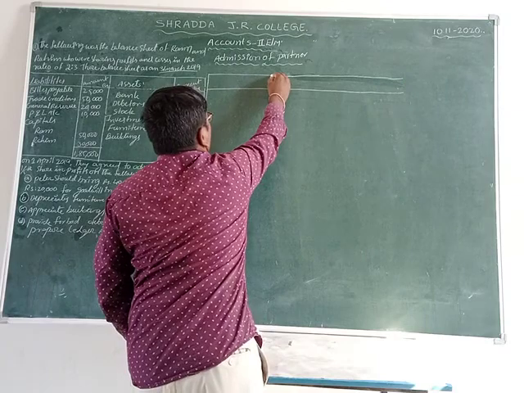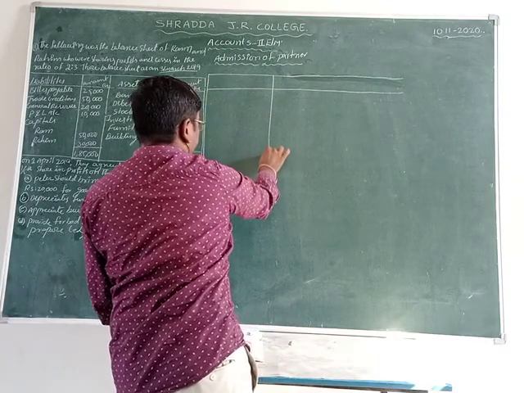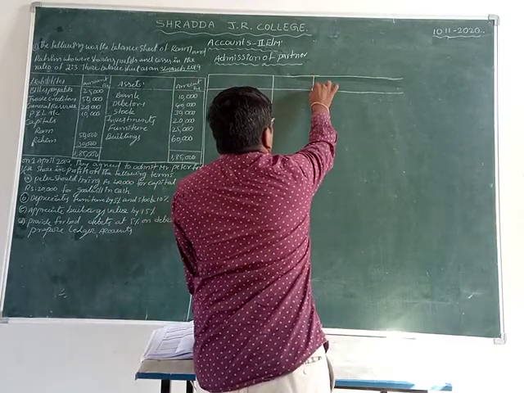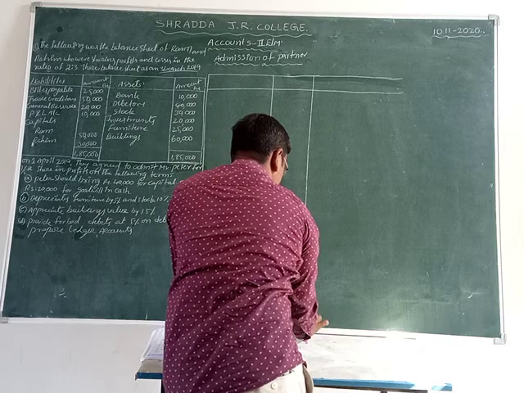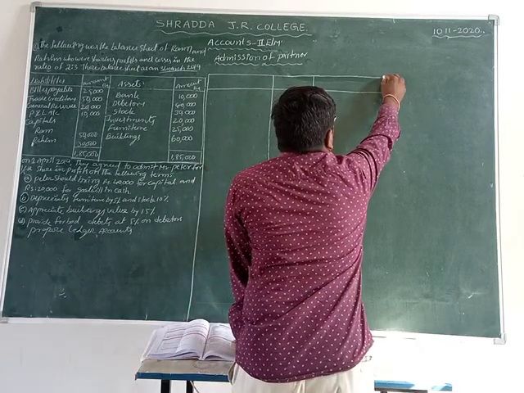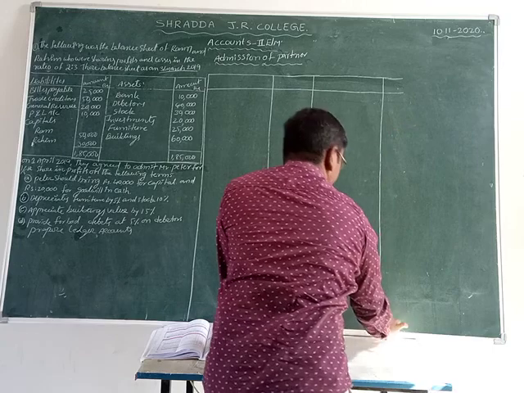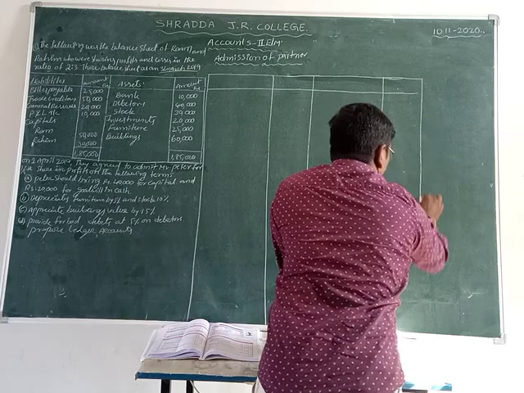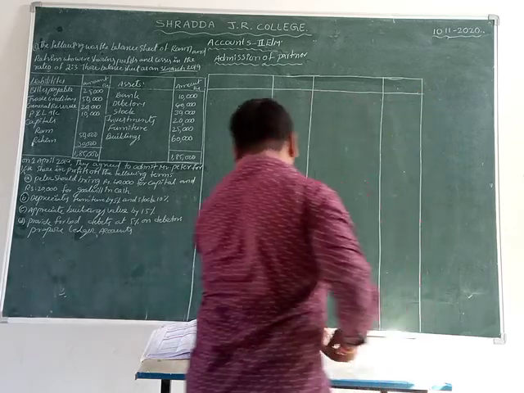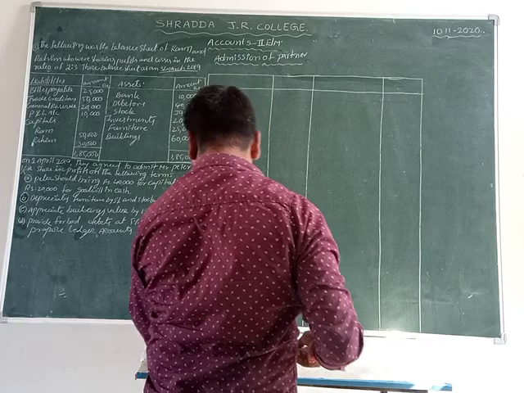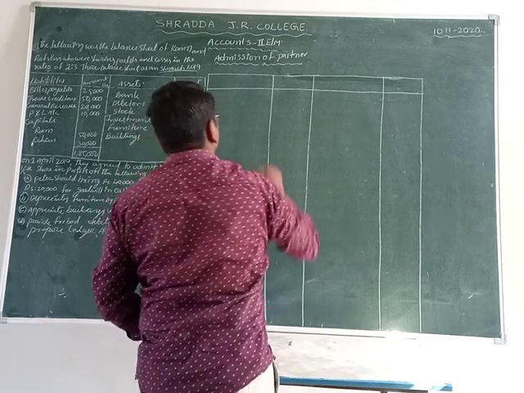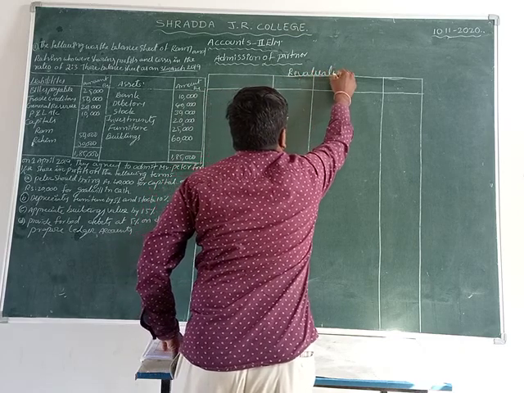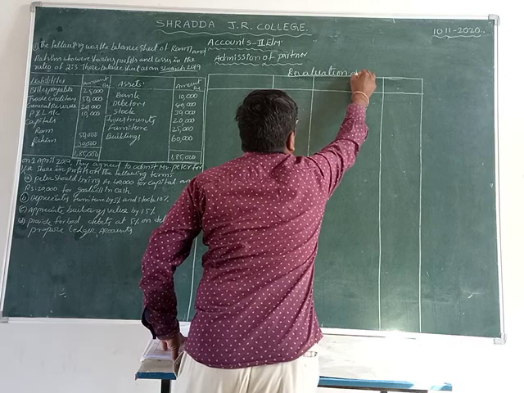It has particulars and amount in rupees on one side, and particulars and amount in rupees on the other side. Students, this is the revaluation account.